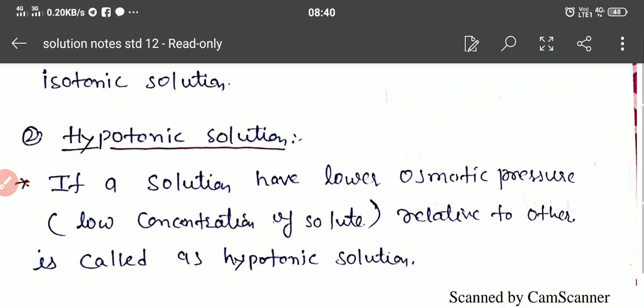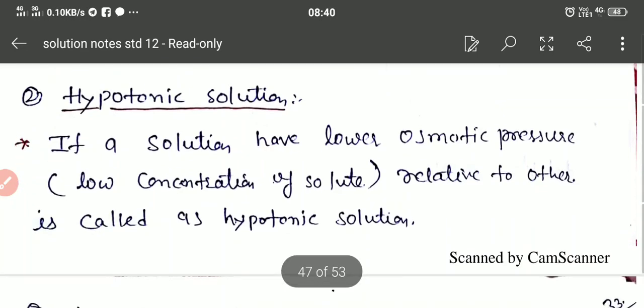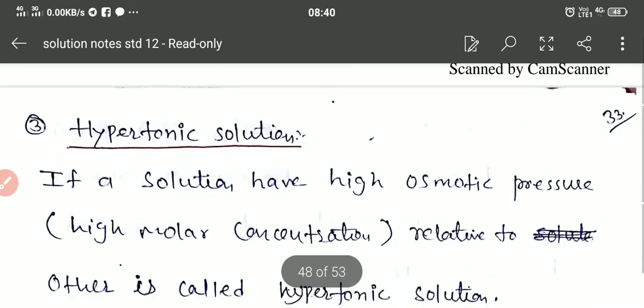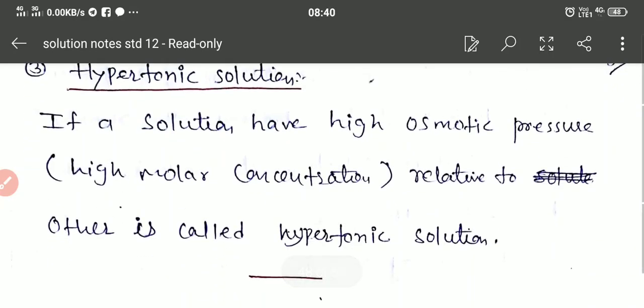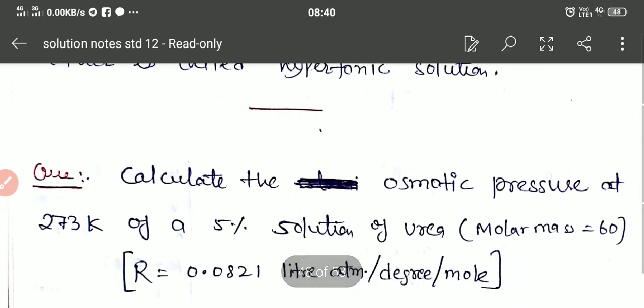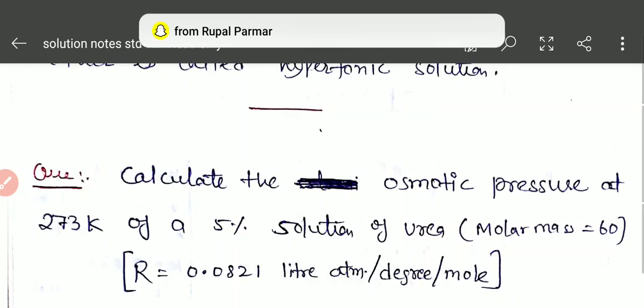So if a solution has lower osmotic pressure or lower concentration of solute relative to the other, then it is known as hypotonic solution. Another is hypertonic solution. If a solution has higher osmotic pressure or higher molecular concentration relative to the other, it is called hypertonic solution.